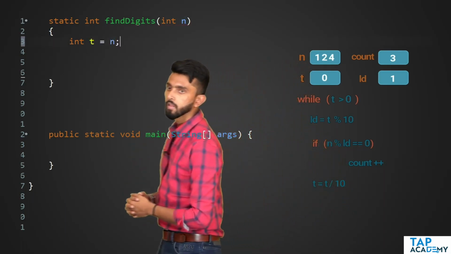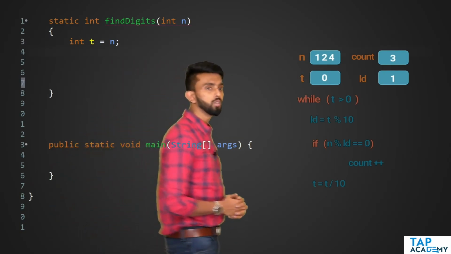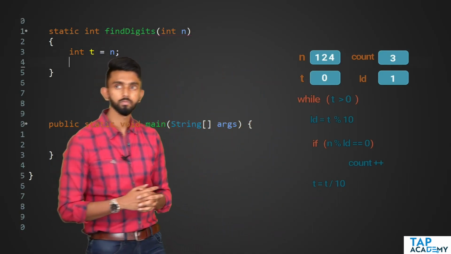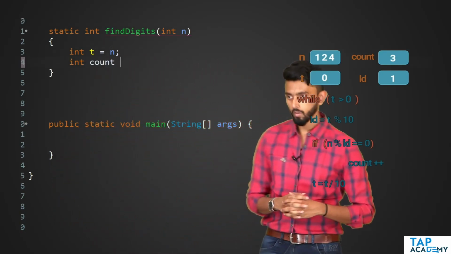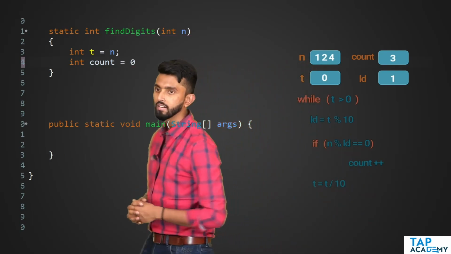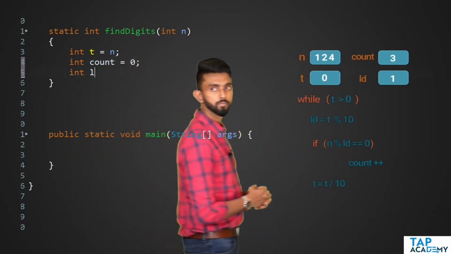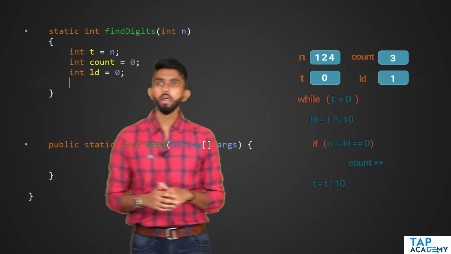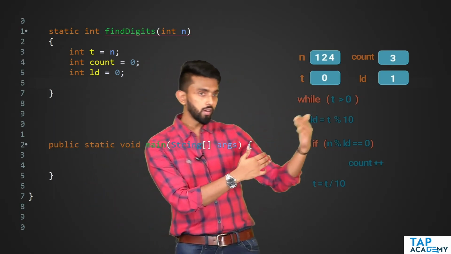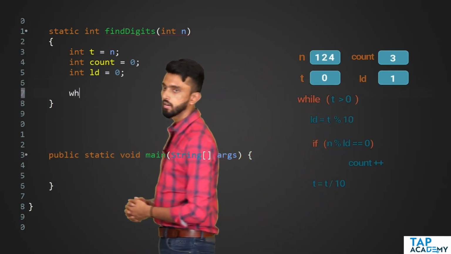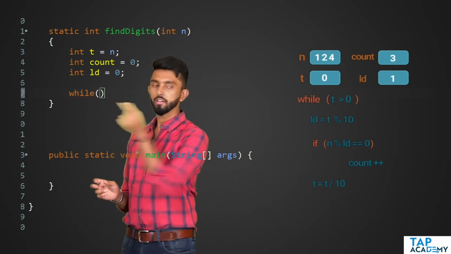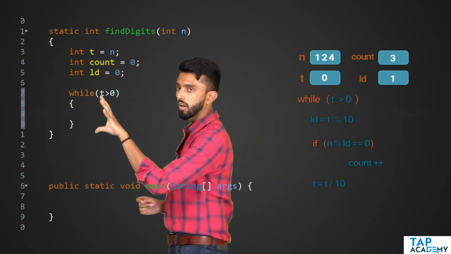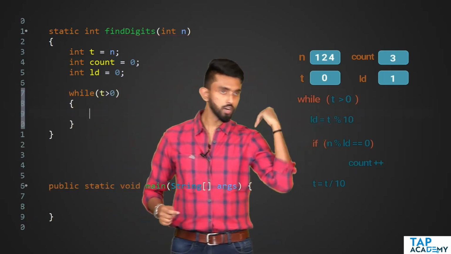Okay, next I need count and ld. So int count equal to 0. Next I will write int ld equal to 0. Good. Now I will come down. Now there I have to write this while loop. So I will write while this condition is satisfied, which is t value should be greater than 0. I will come inside this and all I am going to do is this logic. So first extract the last digit.